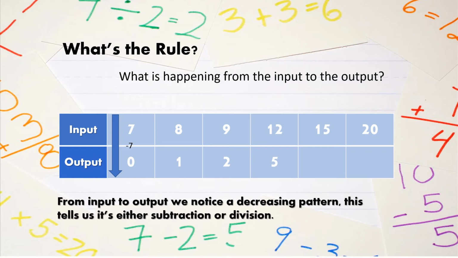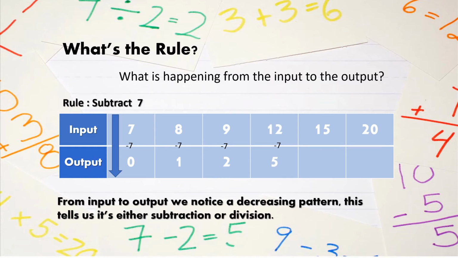Well, let's see if the pattern continues. So if we subtract 7 from 8, do we get 1? Yes. And if we subtract 7 from the 9, do we get 2? Yes. So now we have discovered what our rule is.